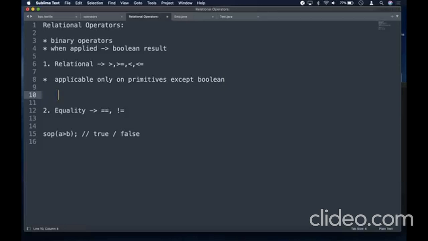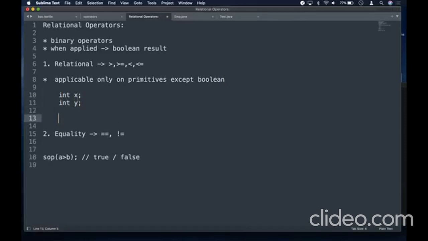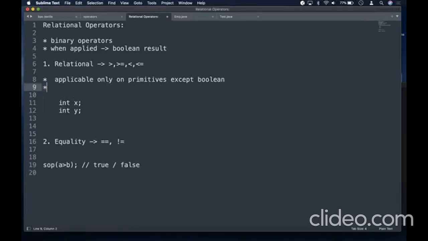For example, you have int x equal to something and int y equal to something. Now you can say x greater than y, less than, equal to, etc. On Boolean they will not work. They are applicable only on primitives except Boolean, and not applicable on objects, that means references.